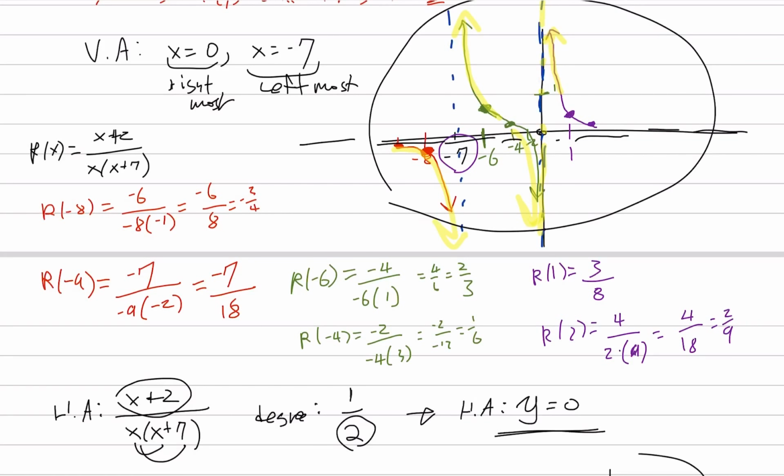So let me highlight the correct graph. It would be this one, because of the horizontal asymptote, this right here and this right here, and it crosses the horizontal asymptote. It is okay to cross a horizontal or oblique asymptote. It is just not possible to cross a vertical asymptote. So make sure you remember that.